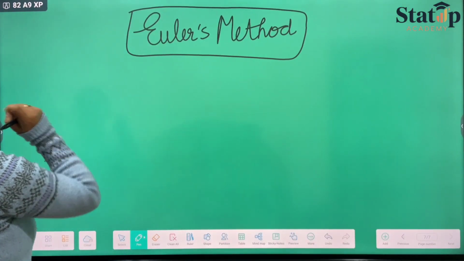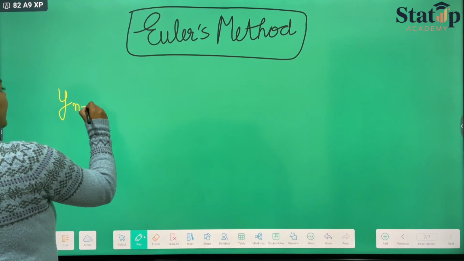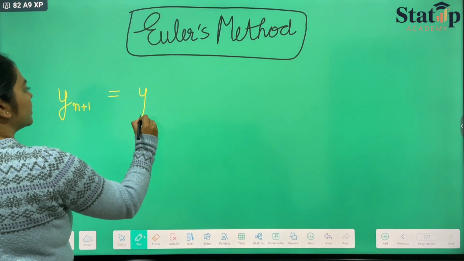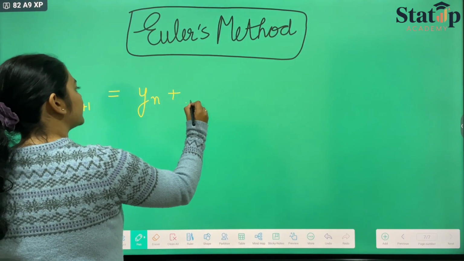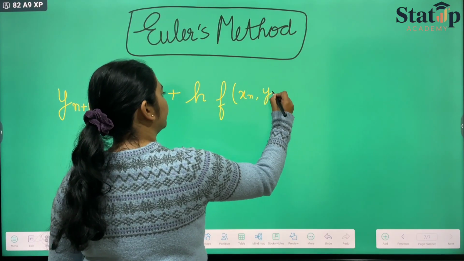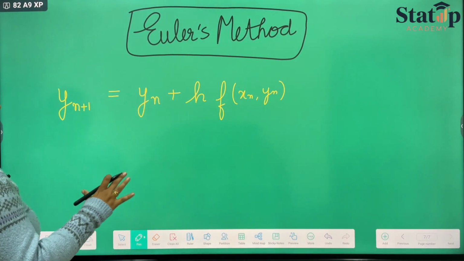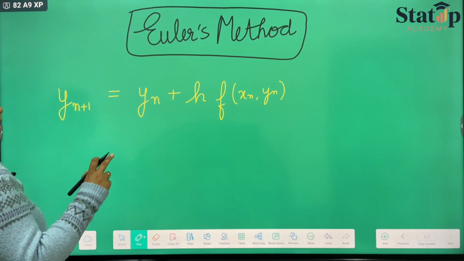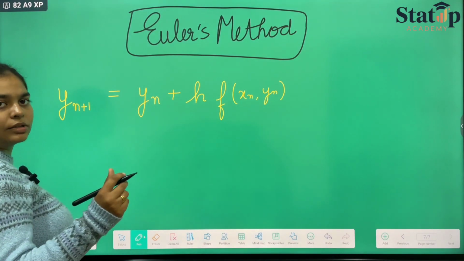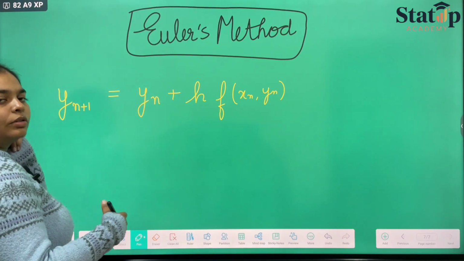If I tell you the formula directly, to calculate y n plus 1, the Euler's method formula is y n plus h into f of x n, y n, where y n plus 1 is the value of the dependent variable at the n plus 1th term. Y n is the value of the dependent variable at the nth term. H is the width, or the difference between the values of x as we go forward.